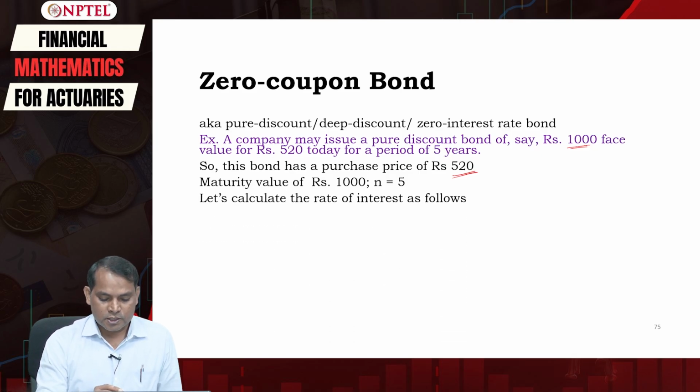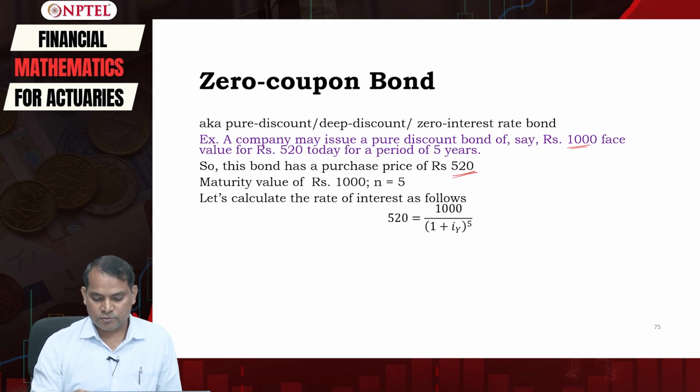So let's calculate the rate of interest. Placing the same price, P here is now 520, which is equal to the face value 1000 divided by 1 plus the yield rate iy to the power n, which is 5.